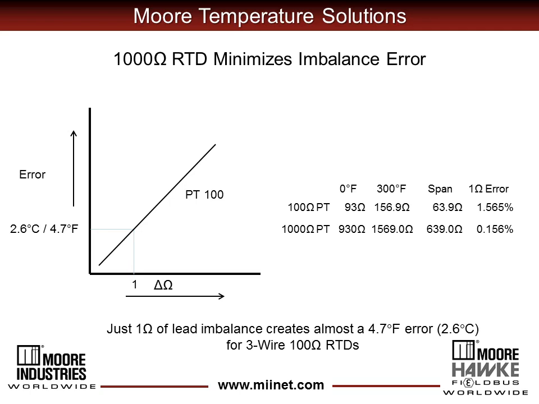In the chart in this slide, we've expressed the error as a percent of span for a measuring instrument that is span 0 to 300 F. One ohm of imbalance with 100 ohm platinum would be a 1.6% error, which is huge. Change that 100 ohm platinum to 1,000 ohm platinum, that same 1 ohm of imbalance produces an error of 0.16, a marked improvement.